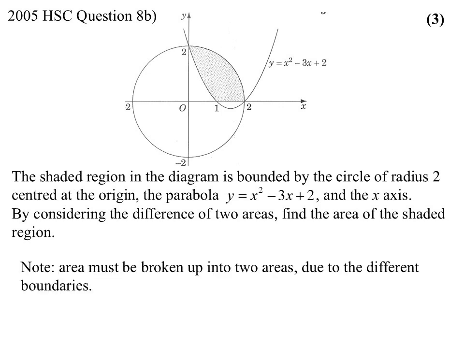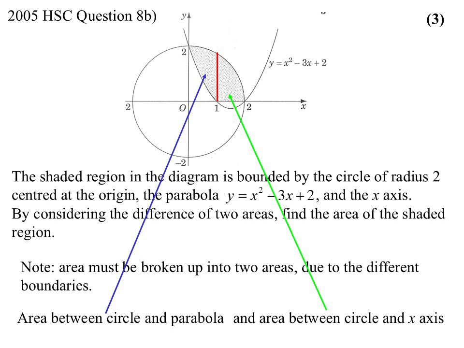Because the boundary changes. You see, I'll just draw in a line there at x equals 1. From the left-hand side to 1, it's going to be the circle minus the parabola. But after I go past 1, it's now the circle minus the axis. So there's actually two different areas there. So we would have to break it up. So the area between the circle and the parabola, and the circle and the x-axis.